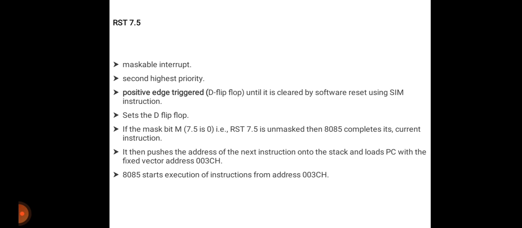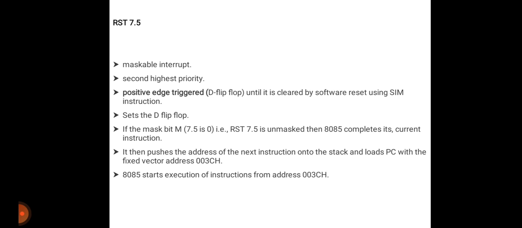It also pushes the address of the next instruction onto the stack and loads the program counter with the fixed vector address, that is 003CH. Due to that, the 8085 starts execution of instructions from address 003CH, which is the starting address of the interrupt service routine of RST 7.5.